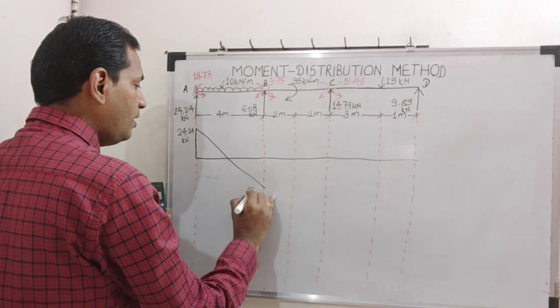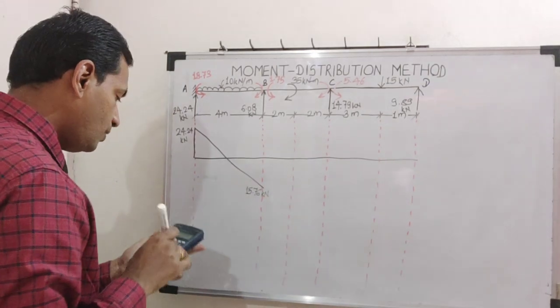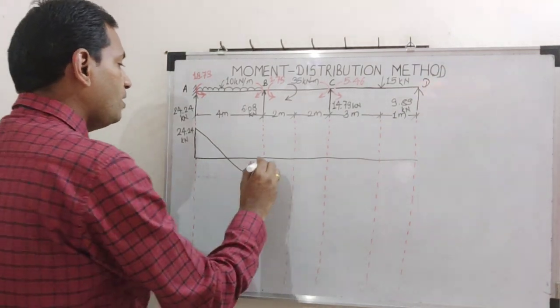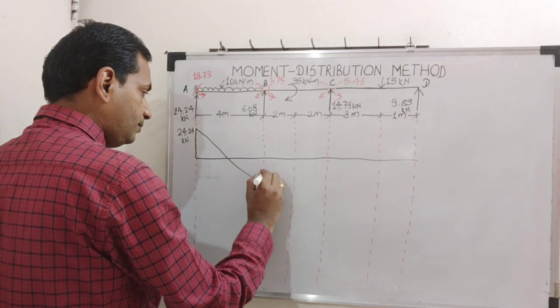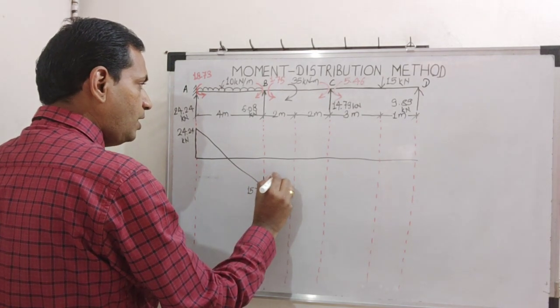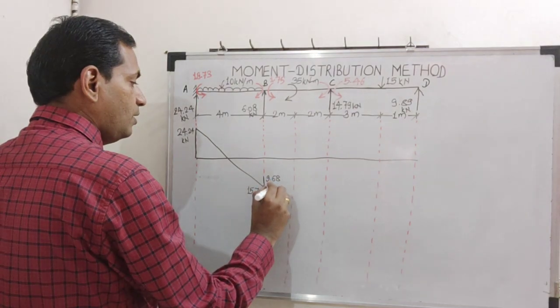In this you add 6.08, so plus 6.08, the answer will be minus 9.68. So somewhere here, 9.68. Yes, it is correct.